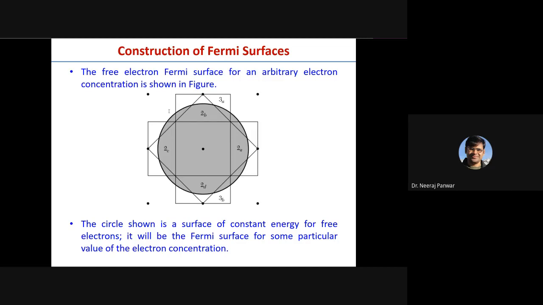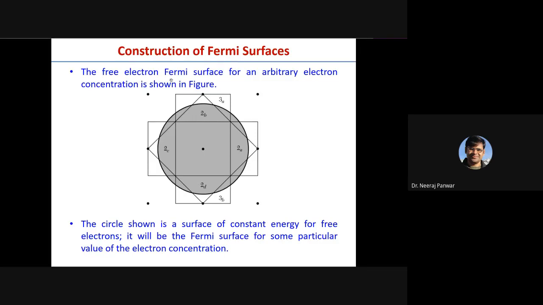Now we have understood how we form the Brillouin zone, different Brillouin zones, and now we need to superimpose over it the Fermi surface. The free electron Fermi surface for any arbitrary electron concentration is shown in this diagram.